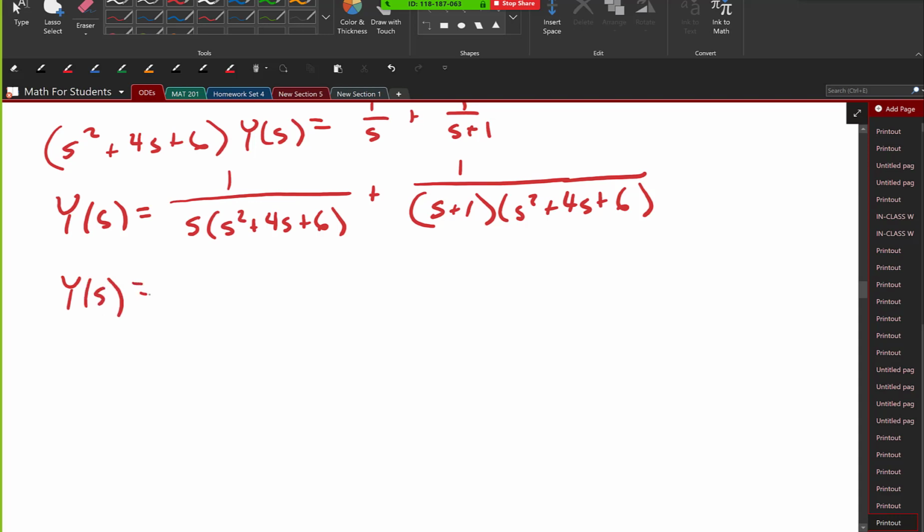I asked somebody to do this for us. And when I asked them, for the first one, we got 1 over 6s plus negative s minus 4 all over 6 times s squared plus 4s plus 6. That's the partial fraction decomposition of that first fraction.